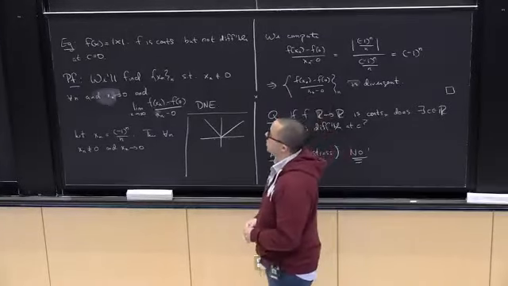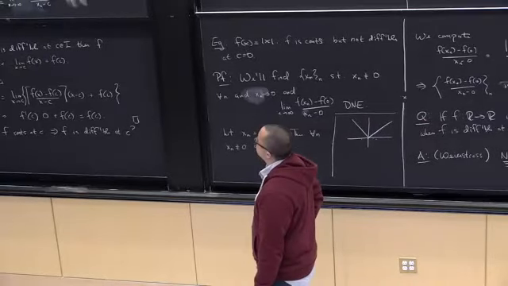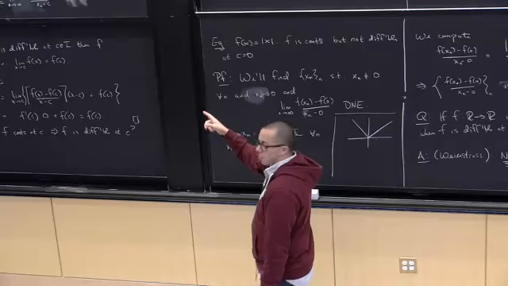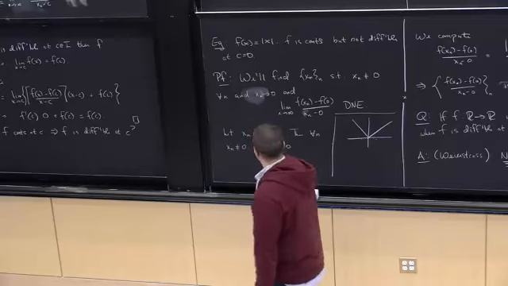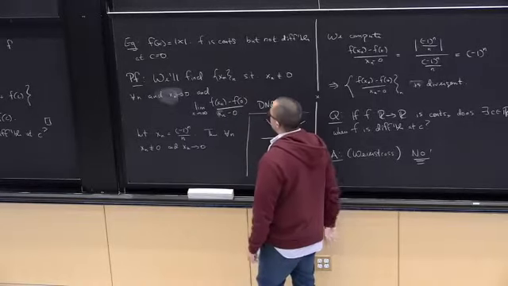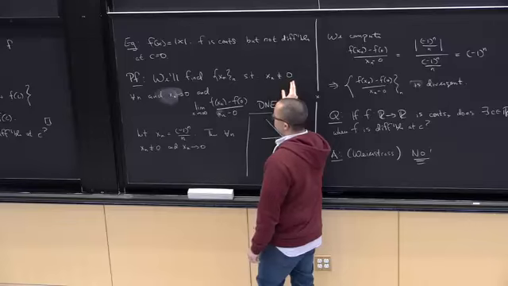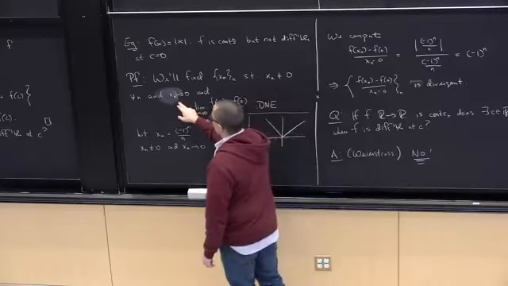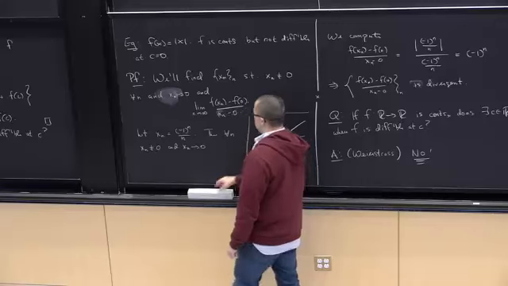The simplest way is to use this remark up here by finding a sequence converging to c so that the difference quotient does not have a limit, as n goes to infinity. Okay? So that's what we'll do here, is we'll find a sequence x sub n with x sub n not equal to 0 for all n, converging to 0 such that this limit does not exist.